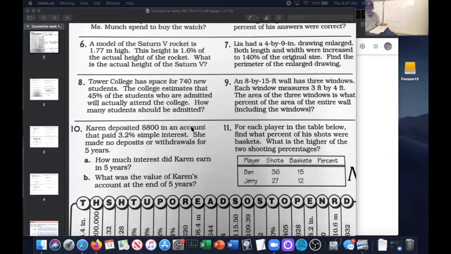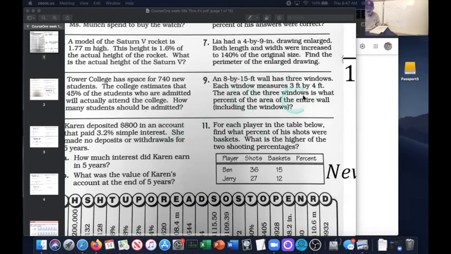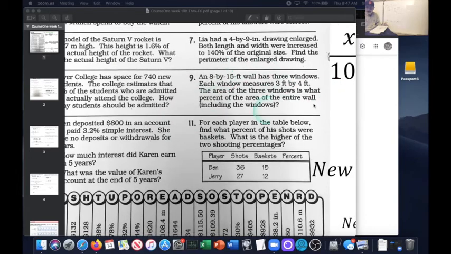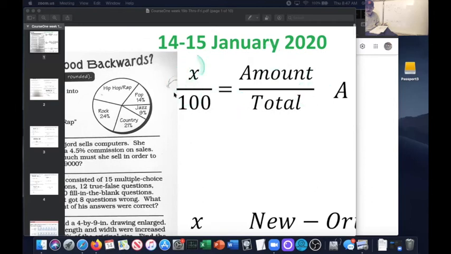All right, so this is just calculating area and setting this up. So you want to find the amount of area from the windows and divide that by the total area and that'll get you the percent.